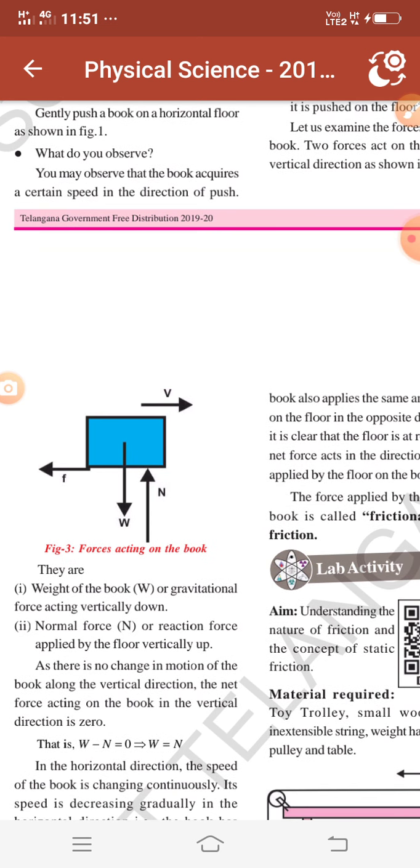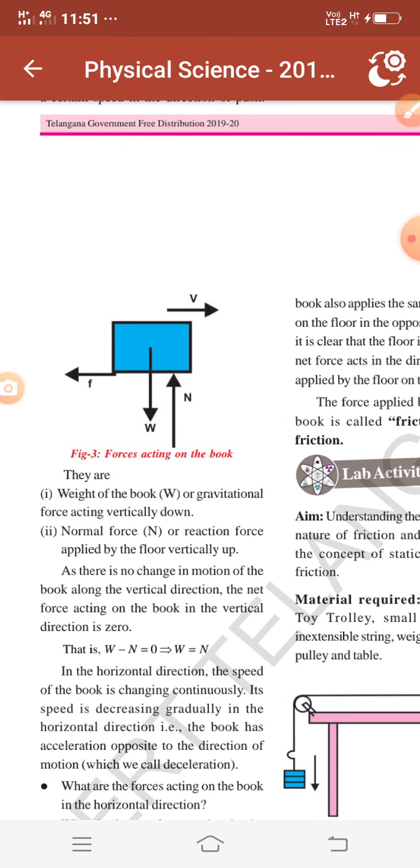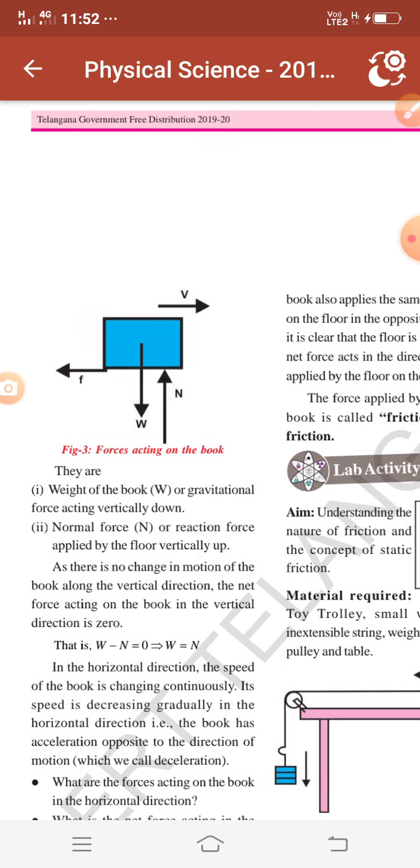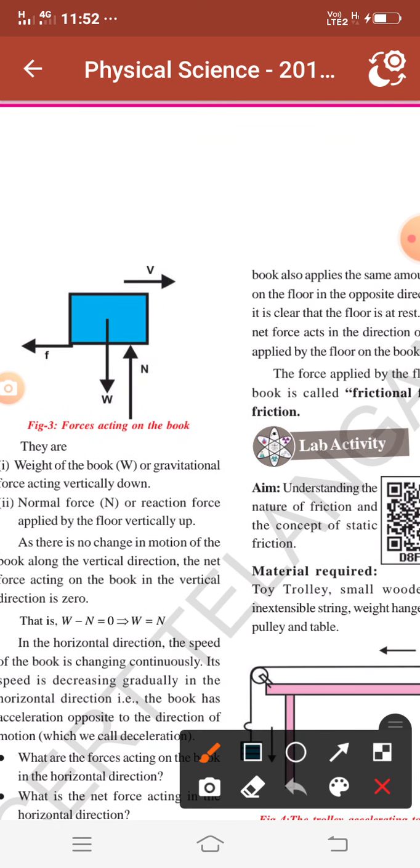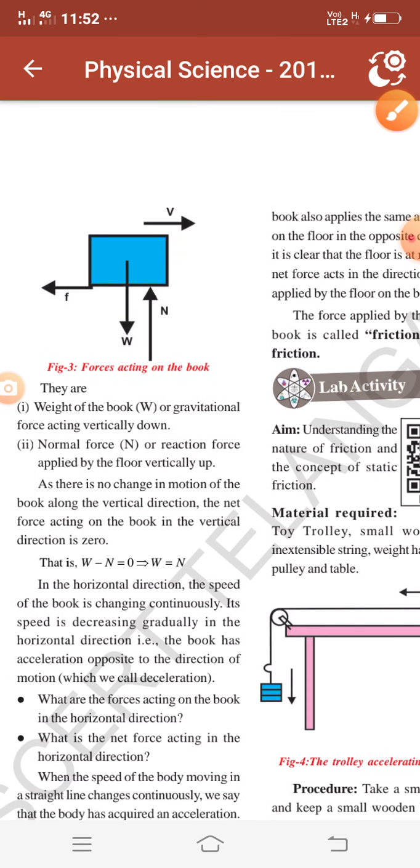See, what forces are acting on this book? First, the weight of the book, W, acting vertically down. Which force? Gravitational force.